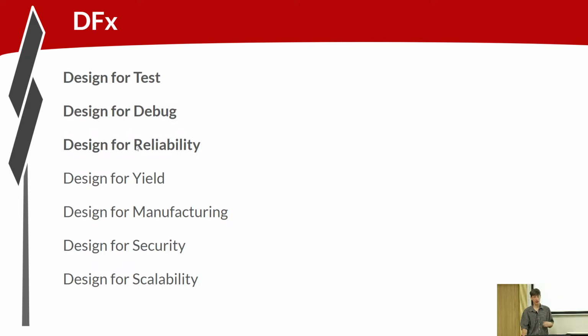Design for reliability: designing hardware to ensure that it's resilient to harsh environments, that it is going to stand the test of time, that it's not going to age out and start to cause errors after 10 years in the field.